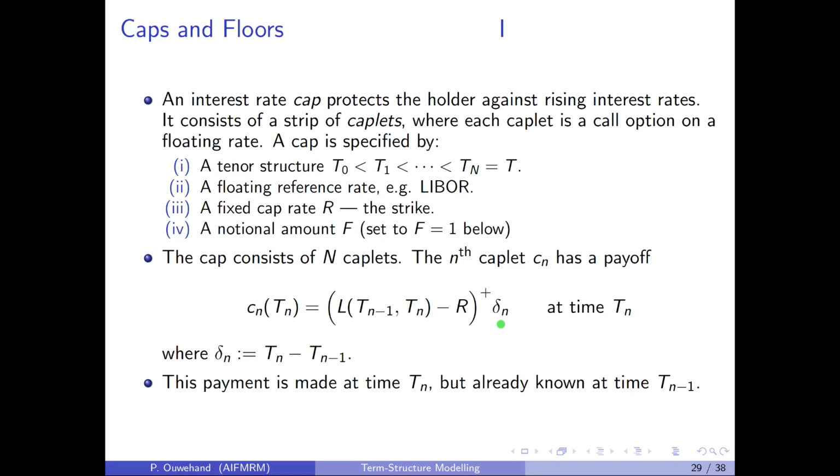Thus, should the LIBOR spot rate rise above R, the caplet will pay off, and this payoff provides protection against the LIBOR rate rising above the cap rate. Now notice that this payment is made at time Tn. However, the amount that will be paid is already known at time Tn minus 1 because that is the time that we see the LIBOR spot rate.